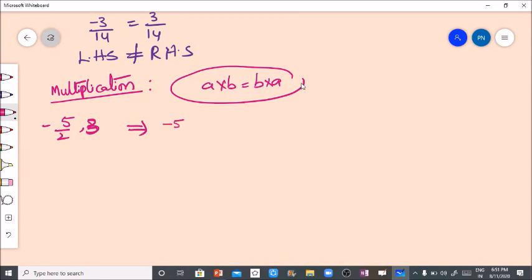Here A into B, A is first number, B second number, equals reverse order, 3 into minus 5 by 2. So multiply: minus 5 into 3 is minus 15 by 2, equals 3 5s are 15, minus 15 by 2.